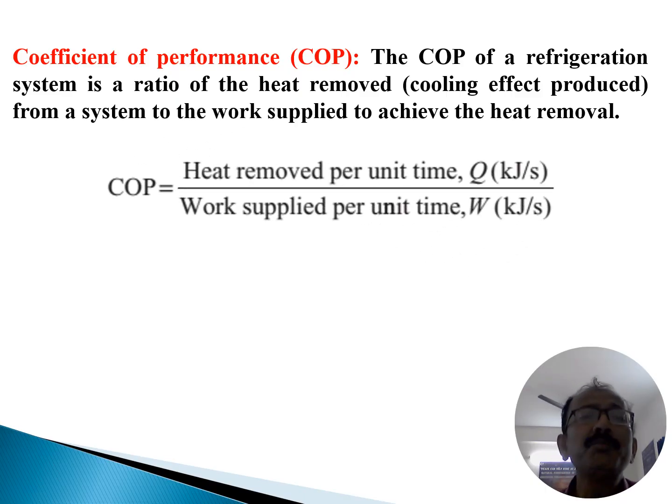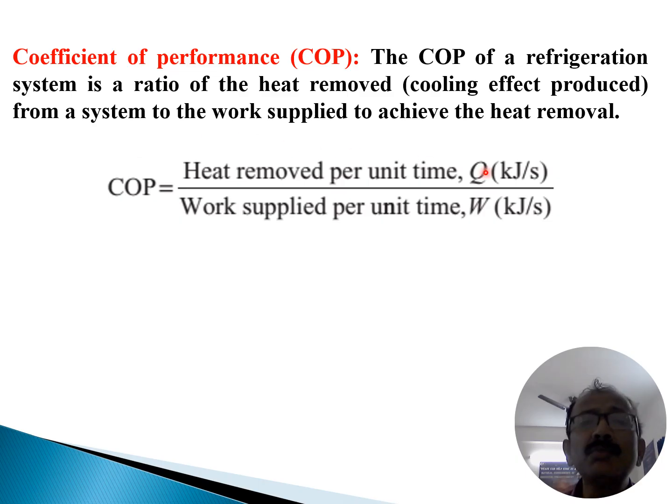Now, I have already mentioned in my previous lecture the coefficient of performance, simply known as COP. The COP of a refrigeration system is the ratio of the heat removed, that is called cooling effect, produced from the system to the work supplied to achieve the heat removal.